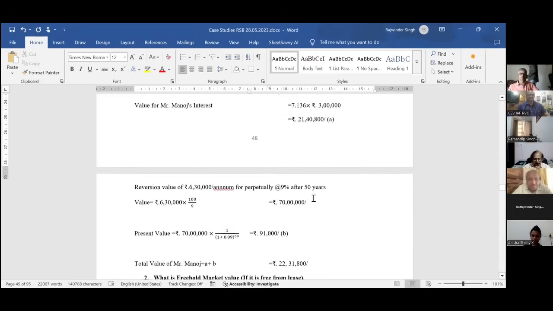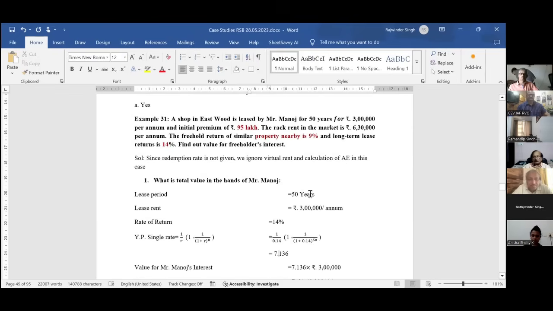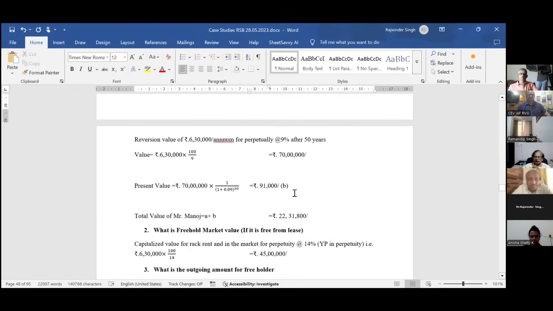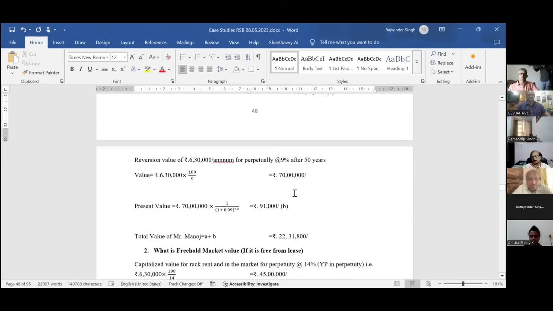So what is the freehold value? If it is free from lease, अगर लीज पे नहीं दी गई तो फिर वैल्यू क्या हो?